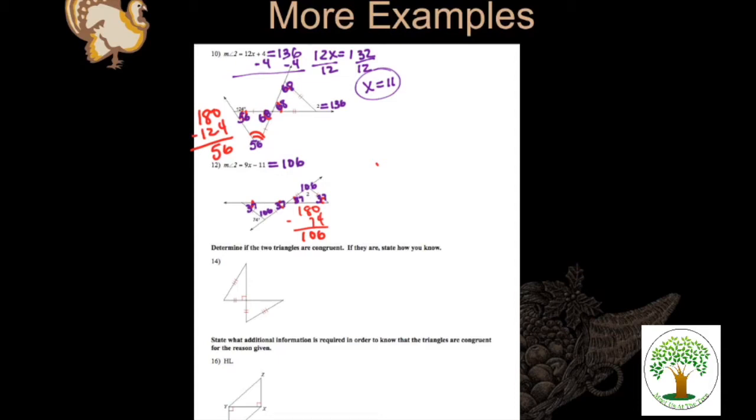Solve that equation by adding 11. 9x equals 117. Divide by 9. X equals just plain old 13.